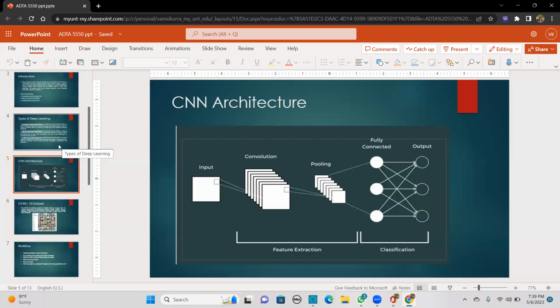The filter slides over the input image and performs element-wise multiplication and addition operations to produce a feature map. The feature map represents the presence of a certain feature in the input image.